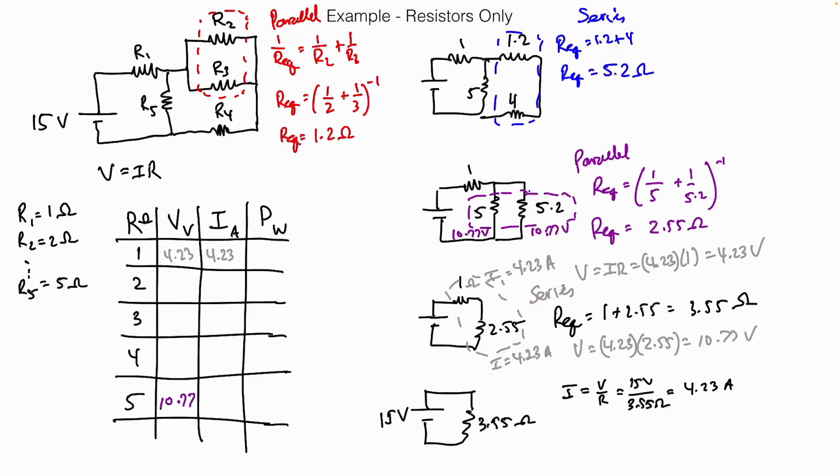So how do I find the current of that? Voltage divided by resistance, right? 10.77 divided by 5 is 2.15 amps. And then do the same thing over here. 10.77 divided by 5.2.